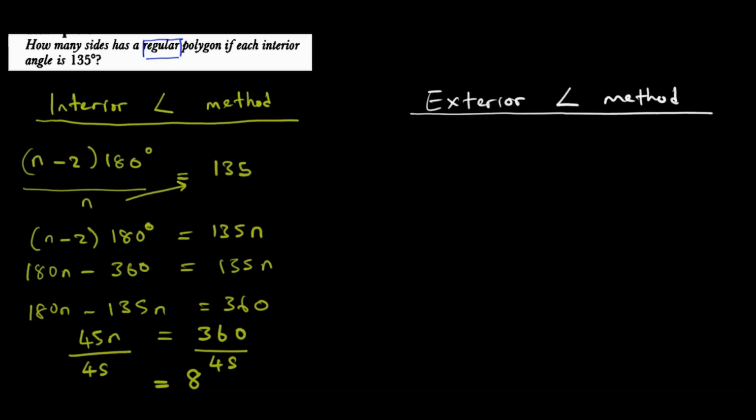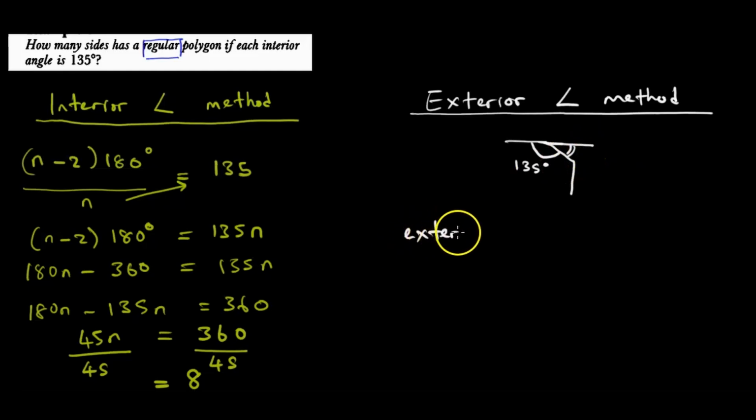First, we imagine part of our shape. So let's draw it. This is just part of it. Like this. So this will be our interior angle, and this is the exterior angle. Here we have been told that we have an interior angle of 135 and it's a regular polygon. So we want to find this exterior angle.